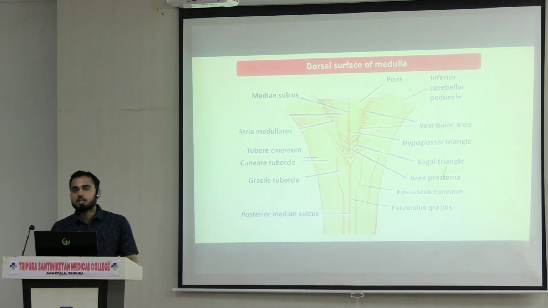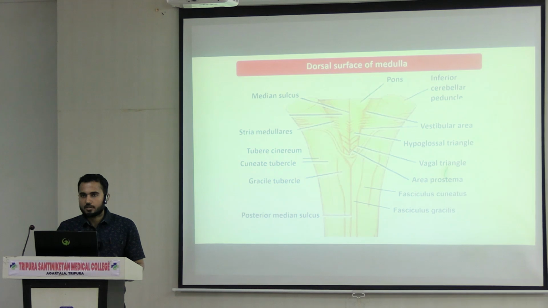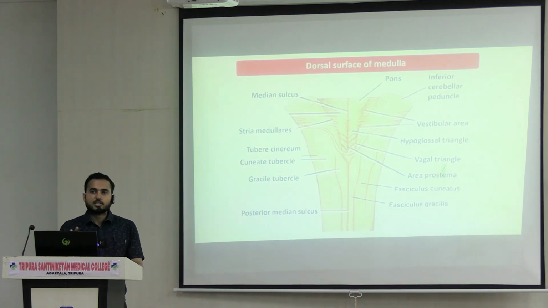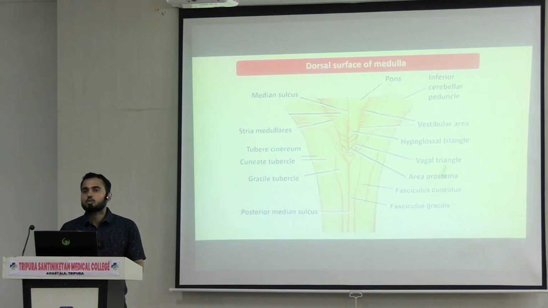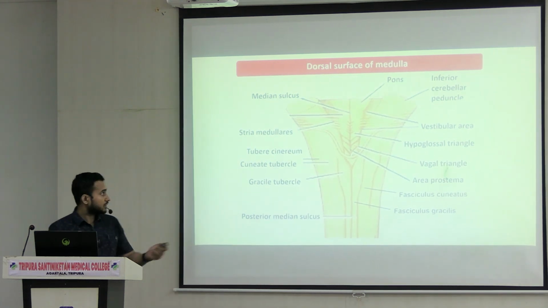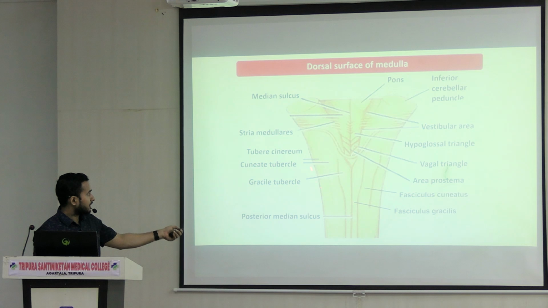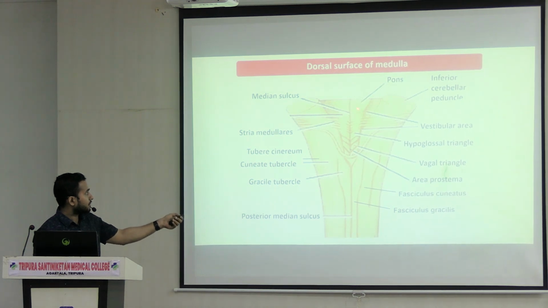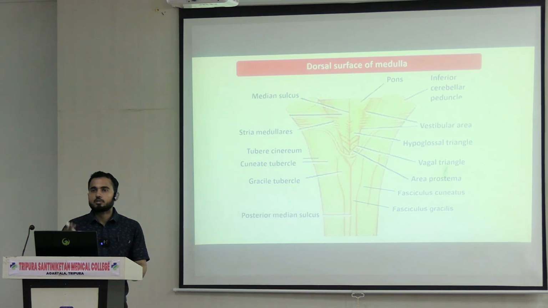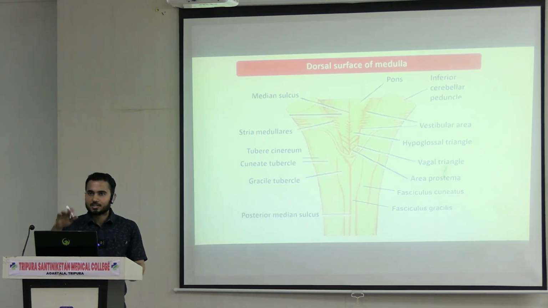So that is about the closed part. Now, what is seen in the upper part? The upper part forms the floor of the fourth ventricle. So that was the lower part, and this is the upper part. On this floor of the fourth ventricle, different structures are present.